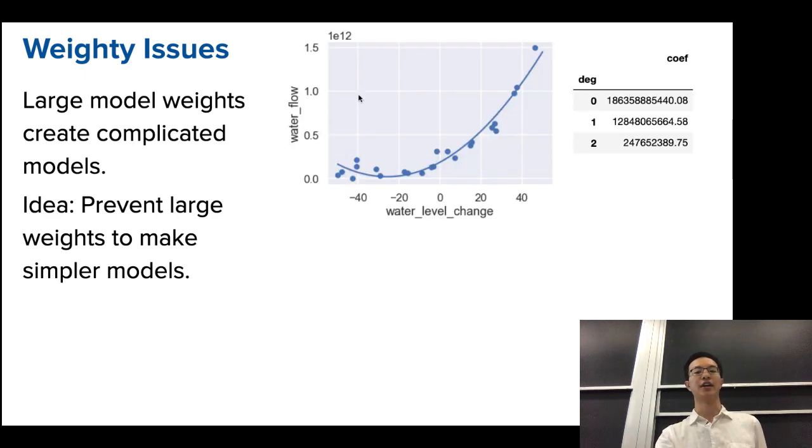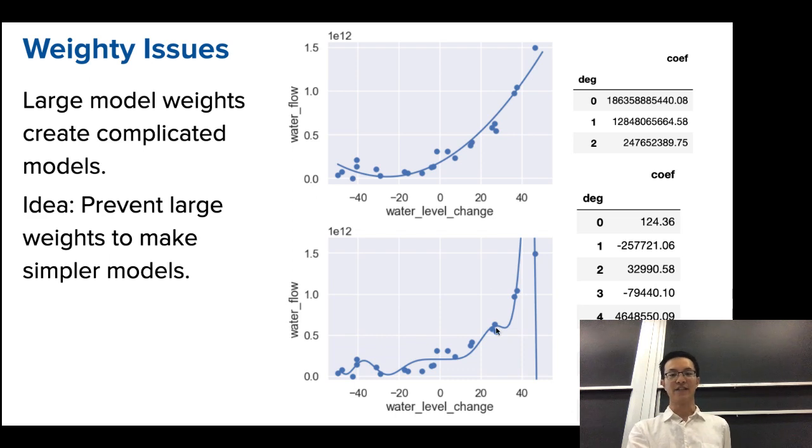So here I have a degree 2 polynomial, and here are the coefficients for this degree 2 polynomial. They're quite large because this water flow attribute is like 1 times 10 to the power of 12. So this is like water flow in gallons for an entire reservoir. So these coefficients here are pretty large to match.